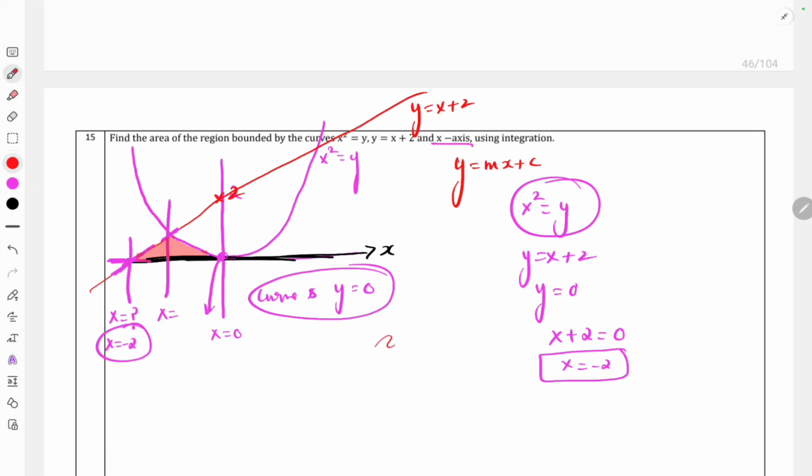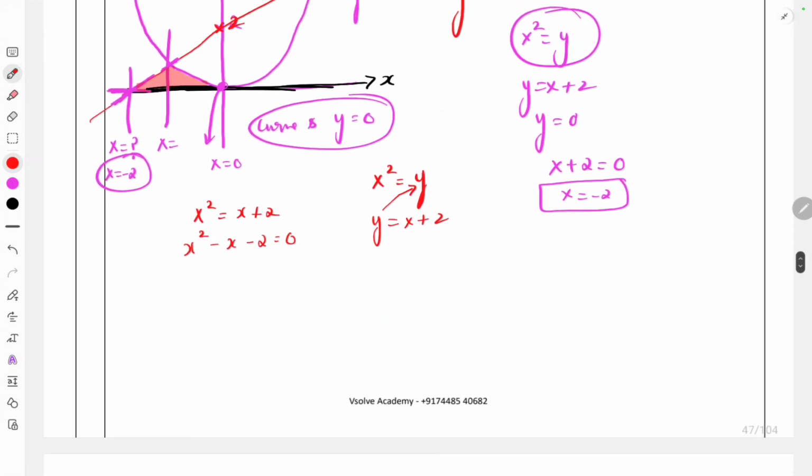And after this one, x square equal to y, and here y equal to x plus 2. So in place of this y I can substitute x plus 2. So x square equal to x plus 2, which means x square minus x minus 2 equal to 0. Now if we multiply, we have to get minus 2. If we add, we have to get minus 1.